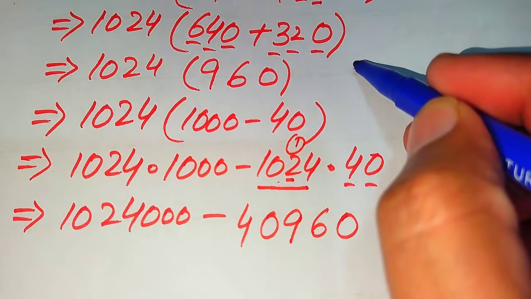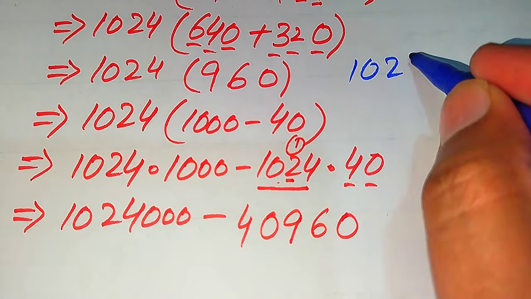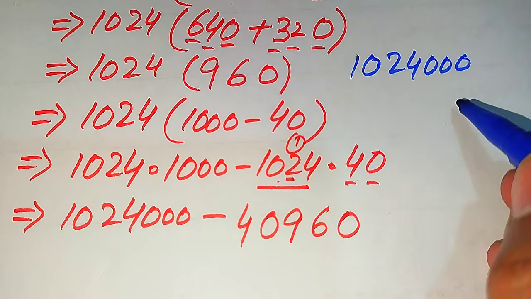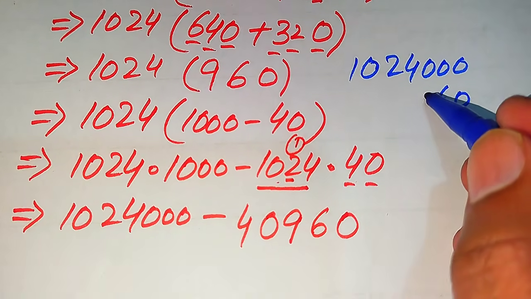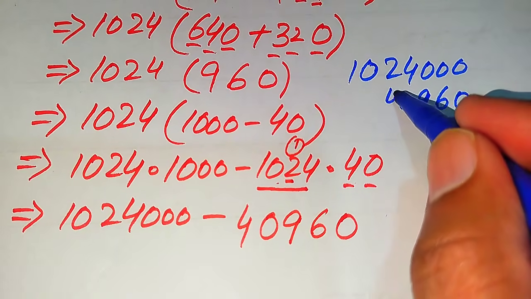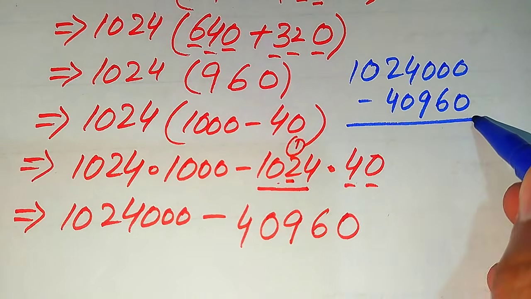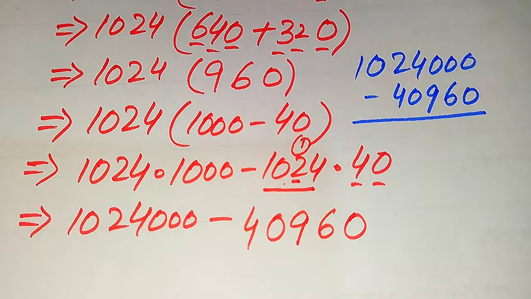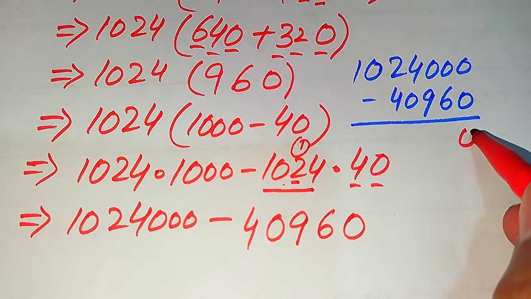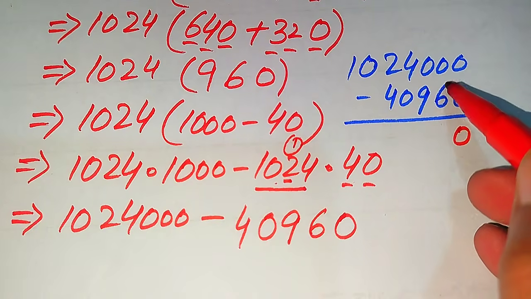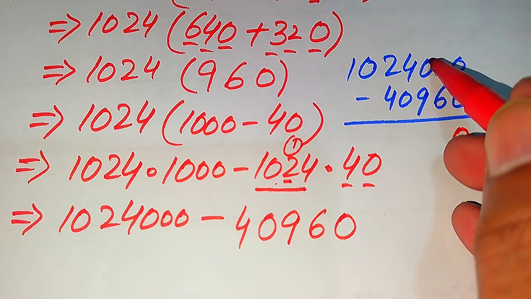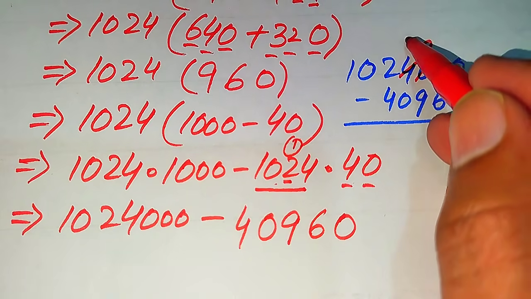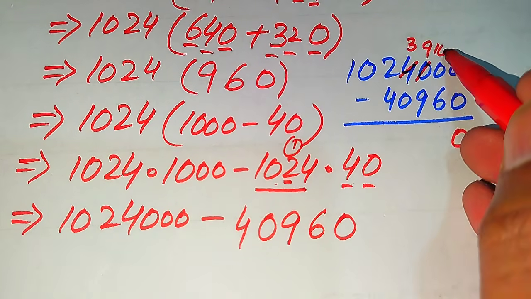First we write 1024000, and we subtract 40960 from it. 0 minus 0 becomes 0, and this 0 cannot be subtracted by 6, so we borrow 1 from here: this 0 becomes 9, this 4 becomes 3, and this 0 becomes 10.